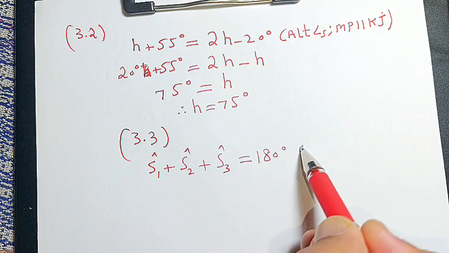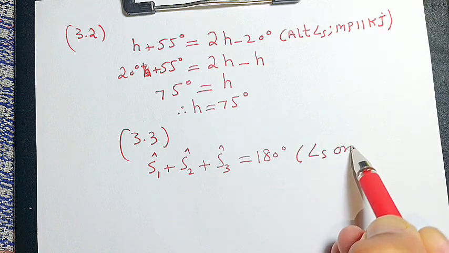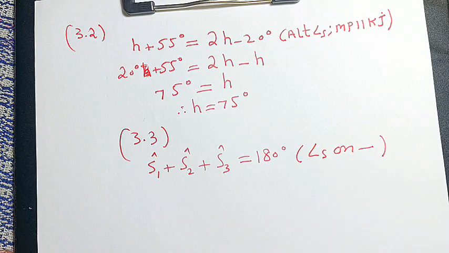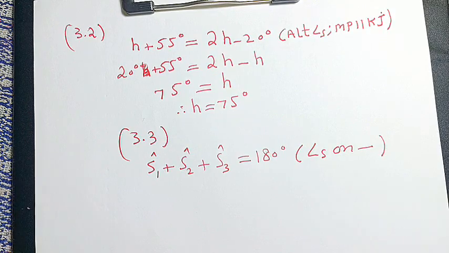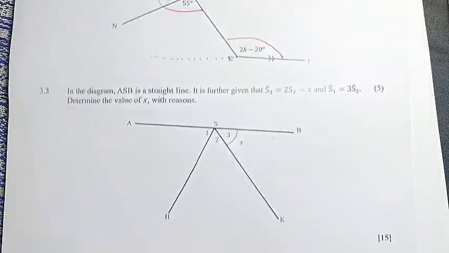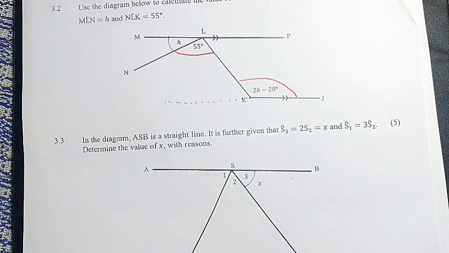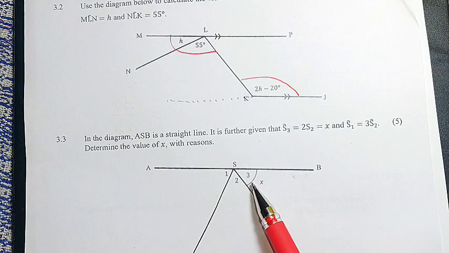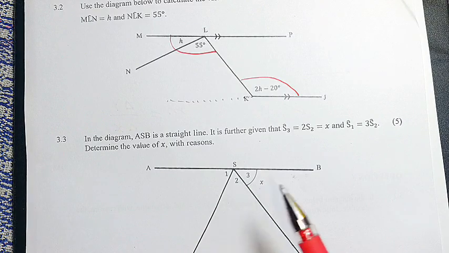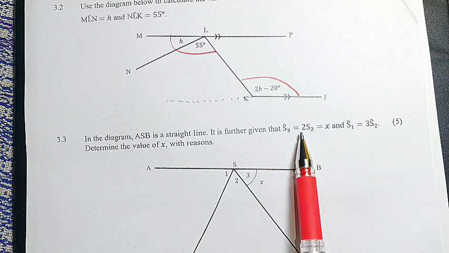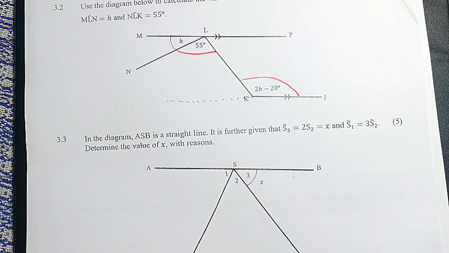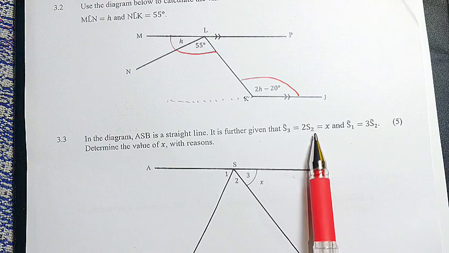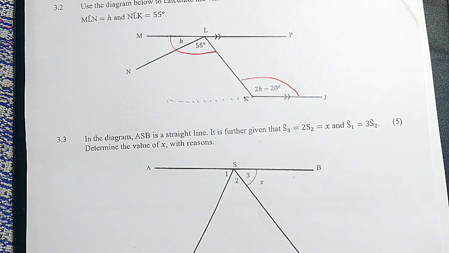Because angles on a straight line. Now we need to write all of the equations. We need to write the values of these angles. The angle S3 is easy, that's x, and angle S2, he said 2 times S2 is equal to x.